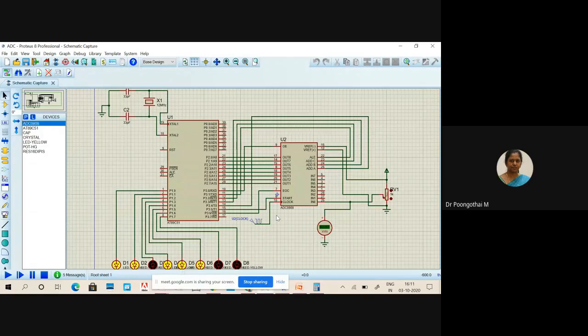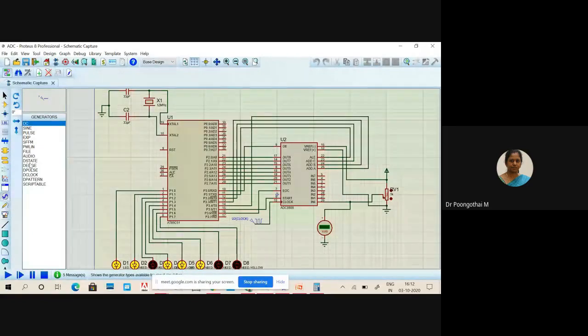As mentioned earlier, your ADC does not have an internal clock. Therefore we have to connect an external clock. So connect the external clock to pin number 10. The clock sources are available in this option. Here you can select either D pulse or D clock.